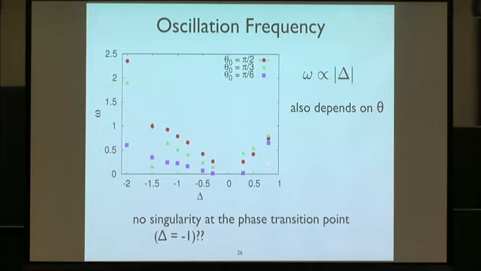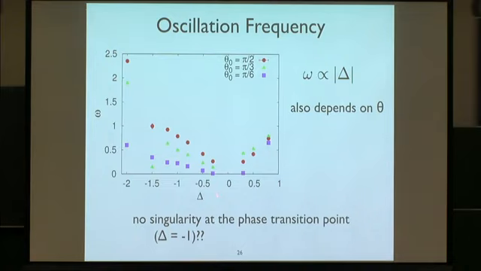At delta equals 0, the current is completely constant, and there is also no oscillation, or this frequency goes to 0 in the limit of the non-interacting free fermion case. But numerically what we found is that this oscillation frequency is proportional to the absolute value of delta. So the nonlinearity is asymmetric, but this frequency itself seems pretty symmetric, although not completely.